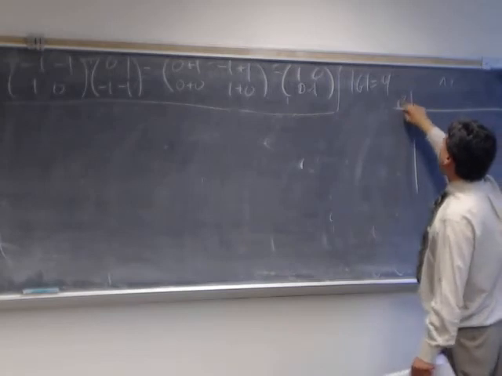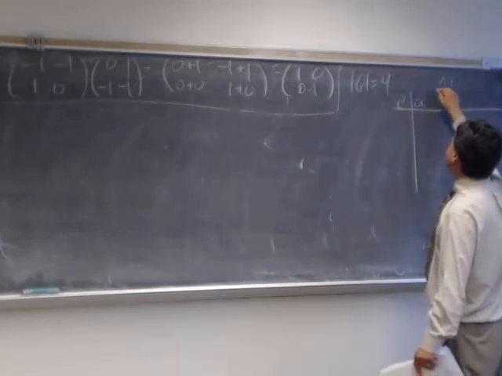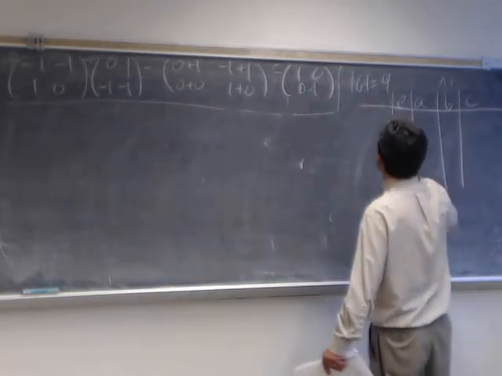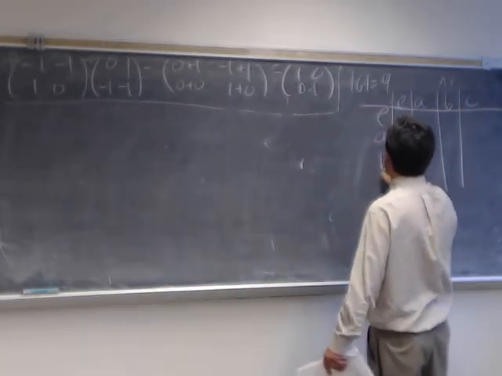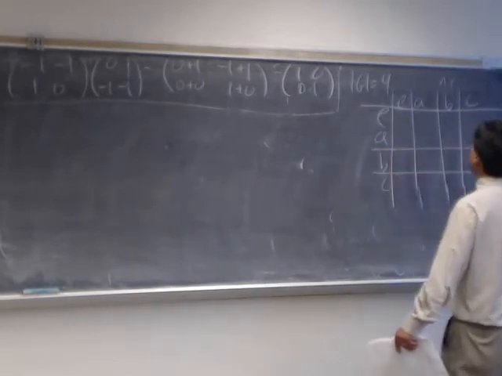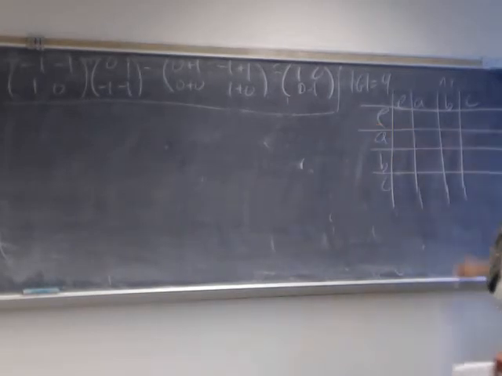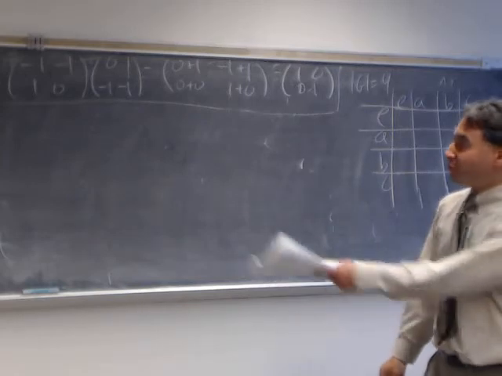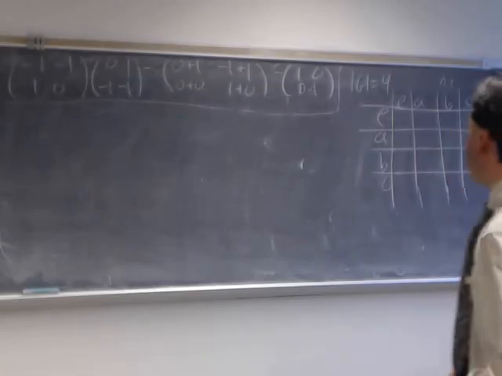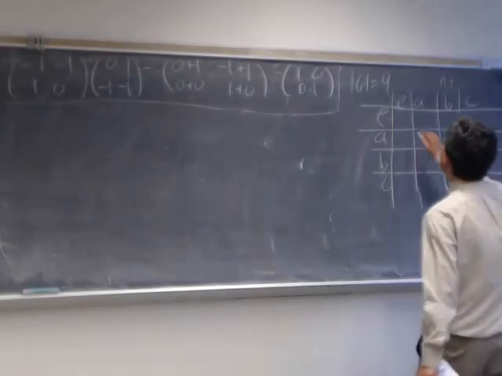Is that the only possible group? So I should make the comment that those show that those are the only possible groups. There's no other way I can fill out the Cayley table. There's no choice involved. So what about here?